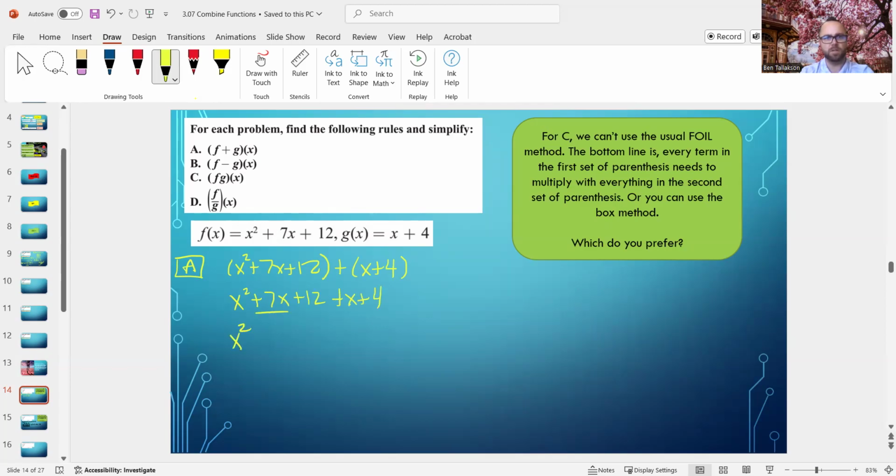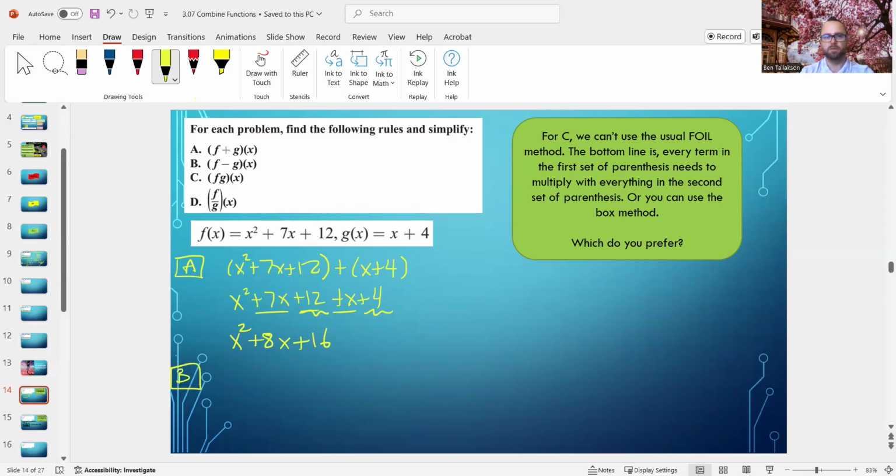X squared, these are like terms. And these, I'll use a squiggly line. These are like terms. Interesting. This is a very interesting quadratic as well, but all we're asked to do is combine them and simplify. So we're done with A.